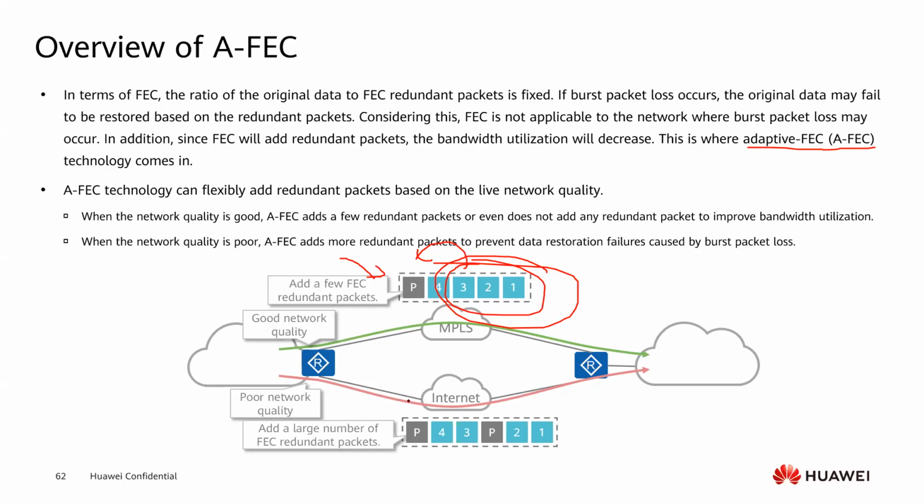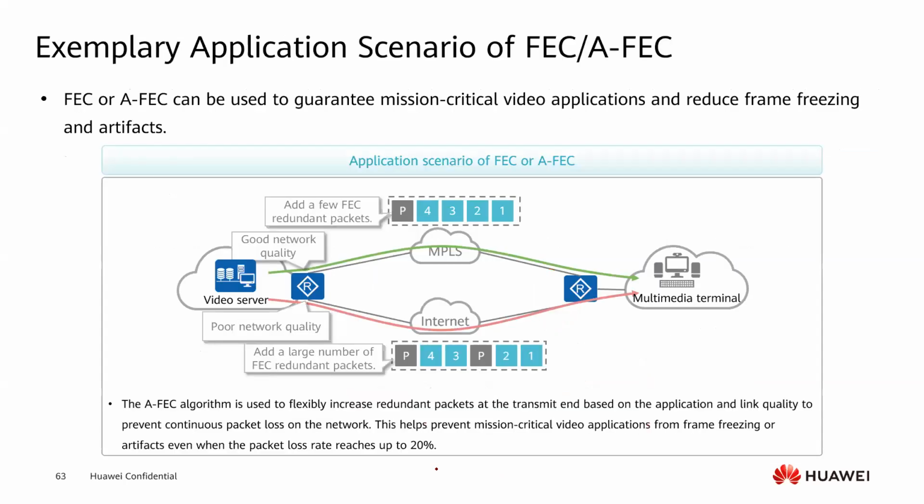If the network situation is not so good, meaning the packets face a high chance of being lost, AFEC will add one redundancy packet for two normal packets. So this is FEC, and a little bit of its usage scenario.